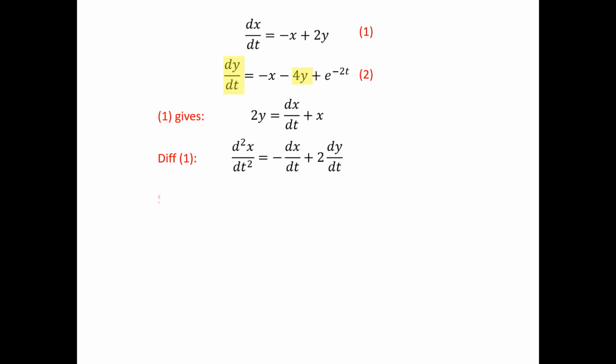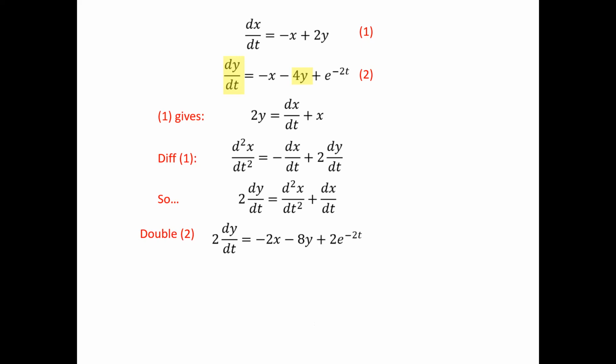And then I'm going to pop those into the equation 2, because rearranging my differentiated equation, I'll get 2 dy over dt equals. And if I double 2, rather than have some fractions in there, I can have 2 dy over dt, which I know in terms of x and t is minus 2x minus 8y and 2 e to the minus 2t.